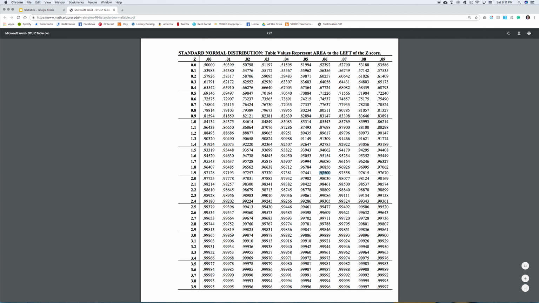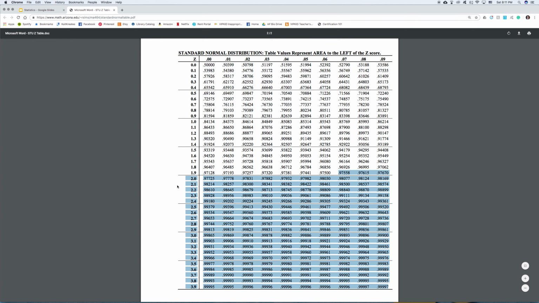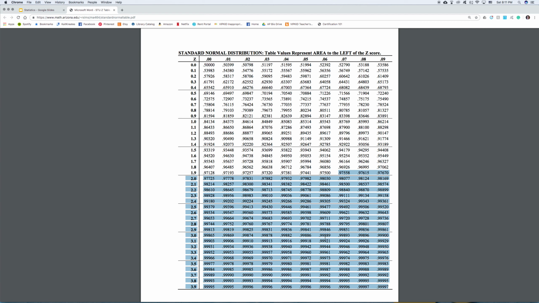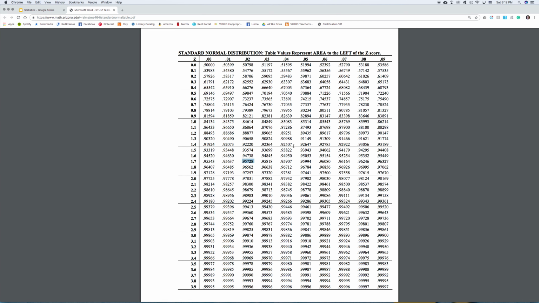So that means in this case, any z-score higher than 1.96 is unlikely. So if you have a z-score of 1.72, in the first example, that number would be considered unlikely because it's higher than 95%. But in the second example, it's smaller than your 97.5%. So that z-score is going to be likely.